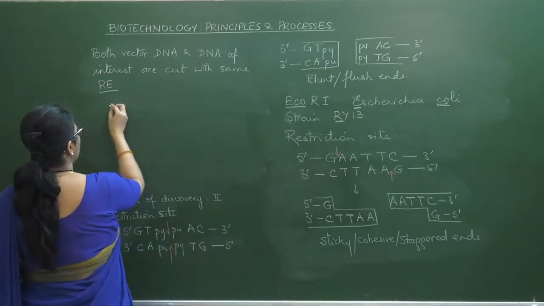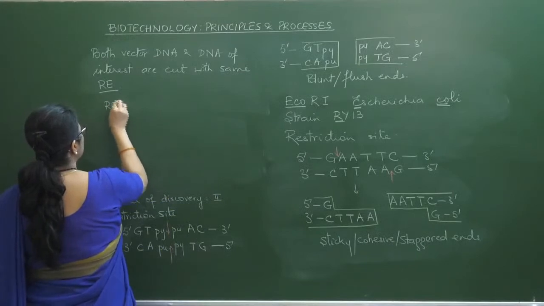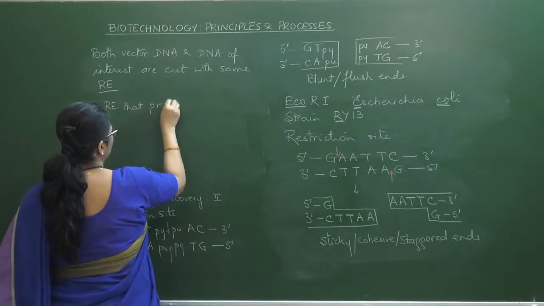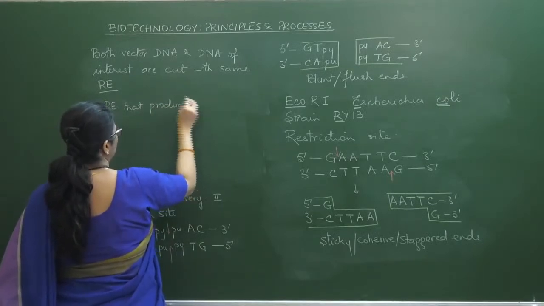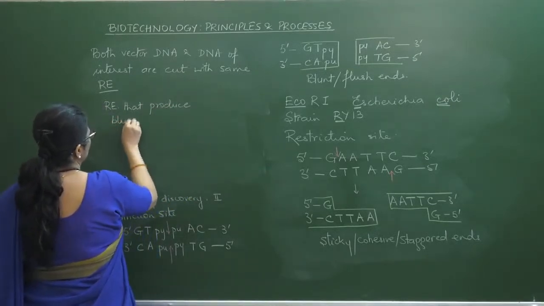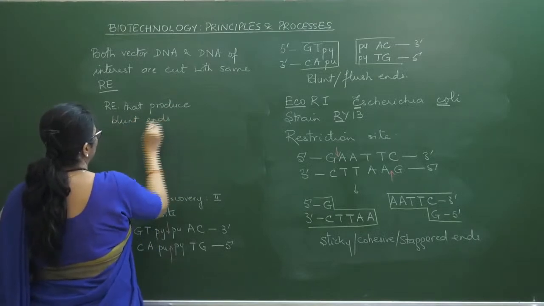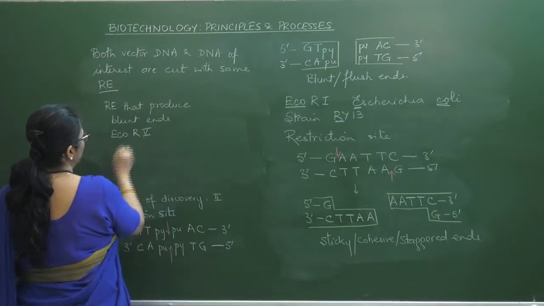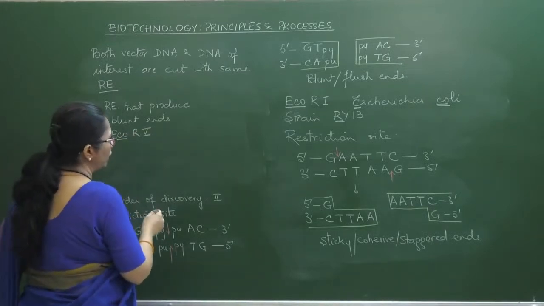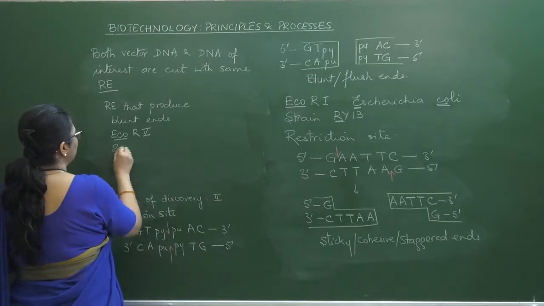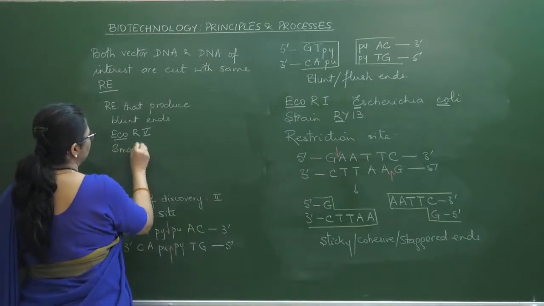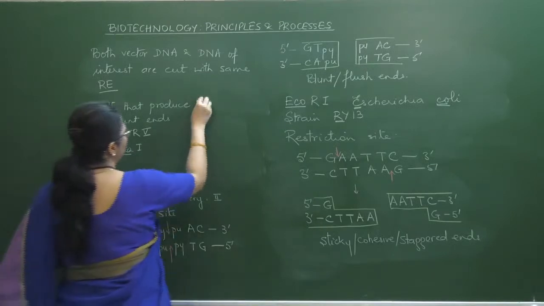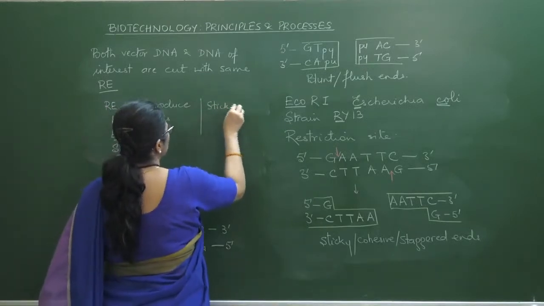Restriction endonucleases that produce blunt ends: that year when it had come, it was EcoRV. Then another one we can mention is SmaI, which produces a blunt end.